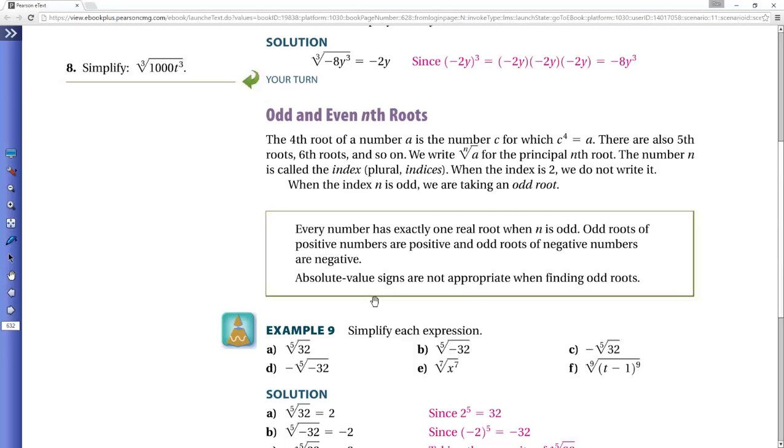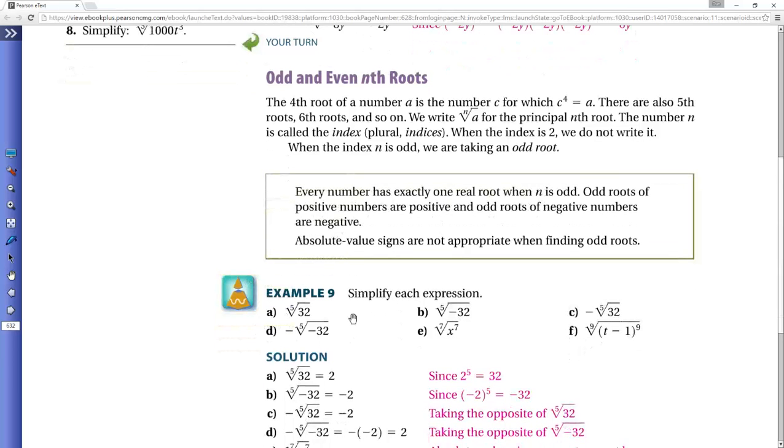So when the index is odd, we're taking an odd root. Again, because of this function issue, they're going to distinguish between the two. Every number has exactly one real root when n is odd. So in other words, it stays a function. I have a unique f of x for every x.